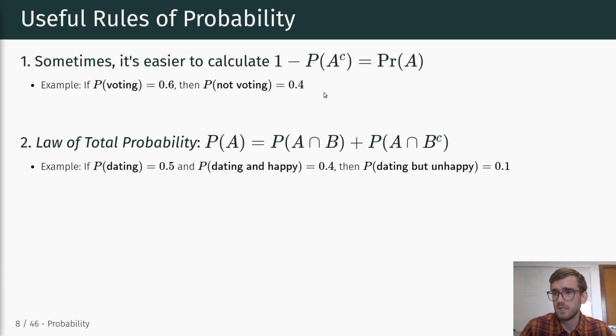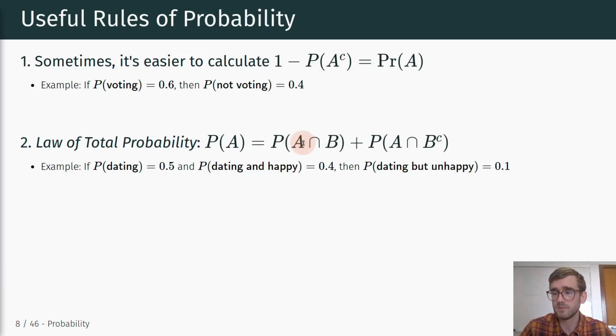Okay. The second useful rule that we're going to refer to later on is the law of total probability. That rule indicates that the probability of A occurring, you could think of it as basically dividing the probability of A into 2 subsets.